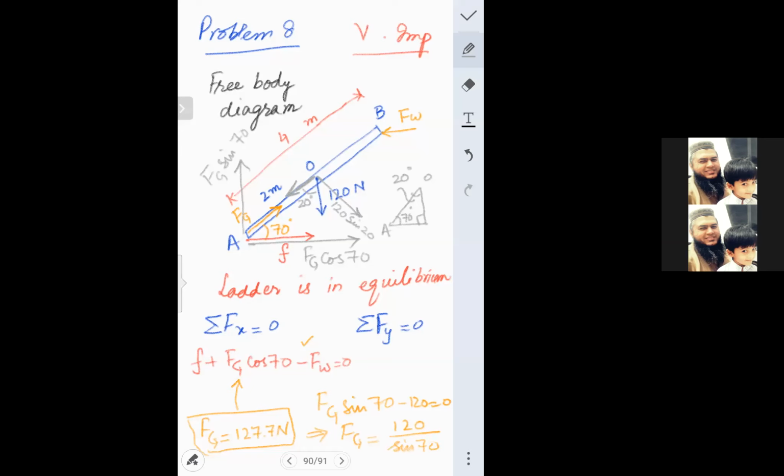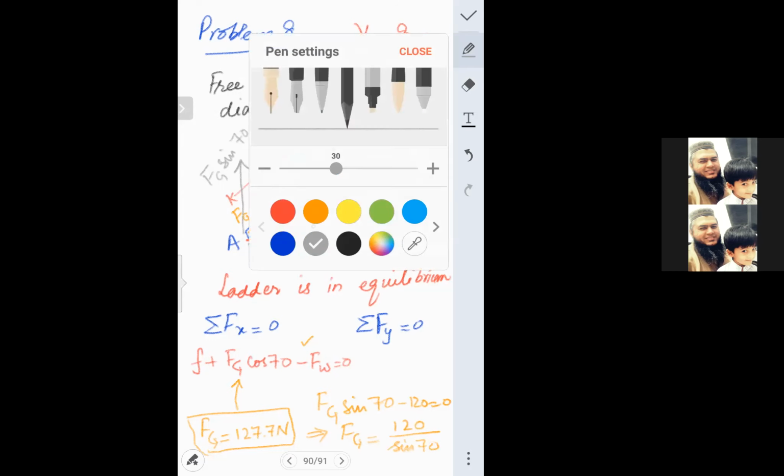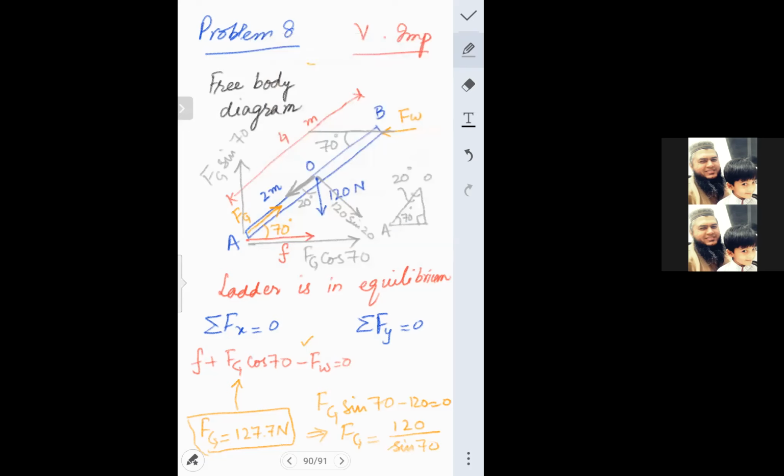Similarly, for Fw, Fw is in this direction and it will make an angle of 70° with the ladder. The angle beneath is 70 degrees and this angle is also 70 degrees. And you have studied a theorem in class 10 that when a transverse line cuts two parallel lines, there is a pair of alternate angles which is equal.